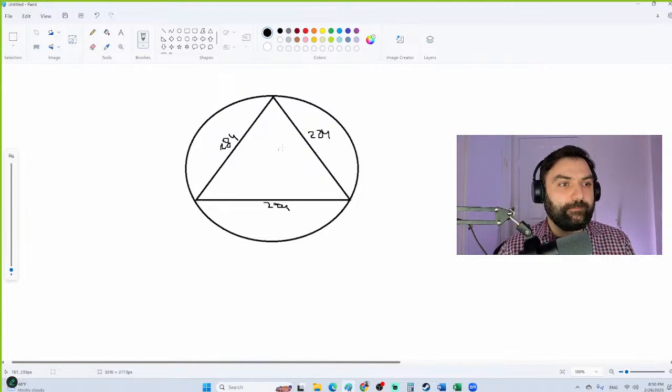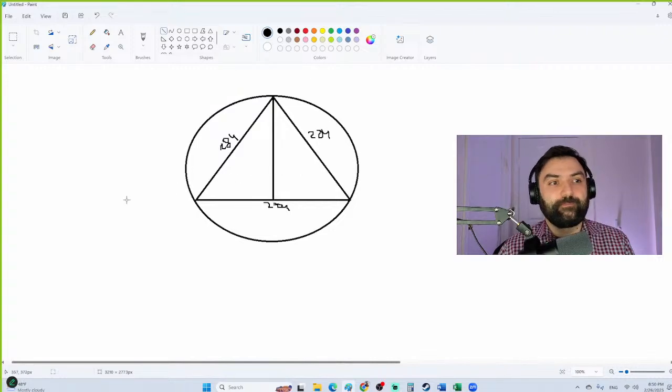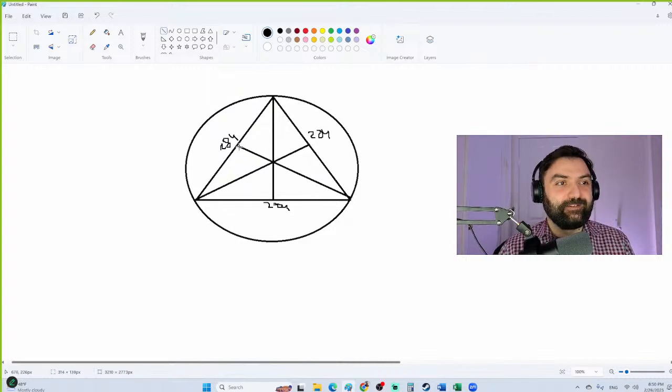And this definitely, I think, goes through the center, but something tells me that they will intersect in the center.